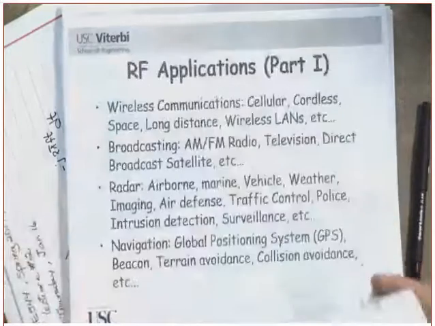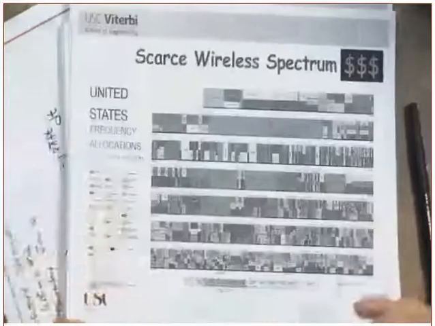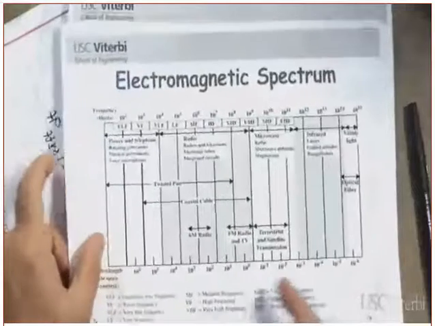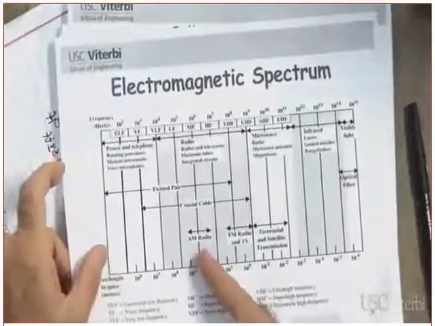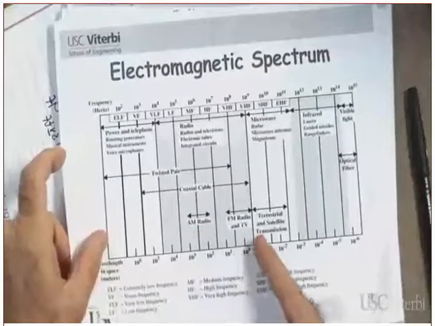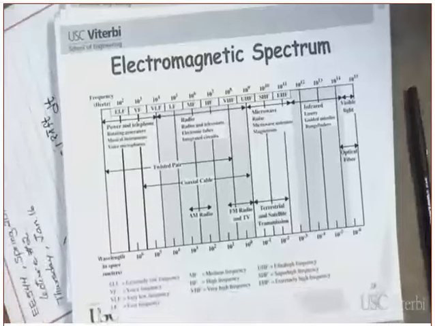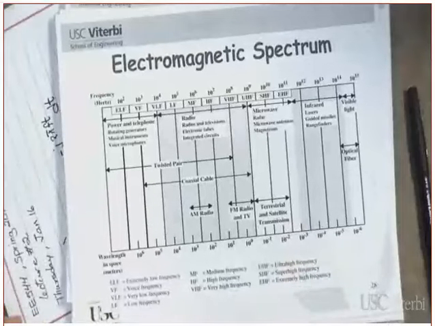Okay, so the spectrum could be reused. This is the spectrum chart again. This is the electromagnetic spectrum. You can see some services, the AM radio here, FM radio here, terrestrial here. They are trying, for example, analog TV. The FCC decided, I don't want analog TV anymore.